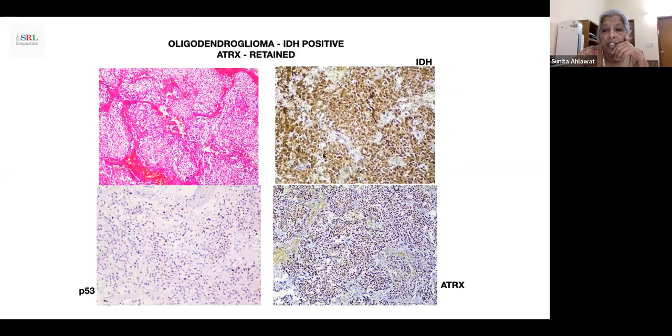Again, IDH mutant, ATRX retained, P53 wild type. Another characteristic feature that is seen in oligodendroglioma is this subpial aggregation of tumor.